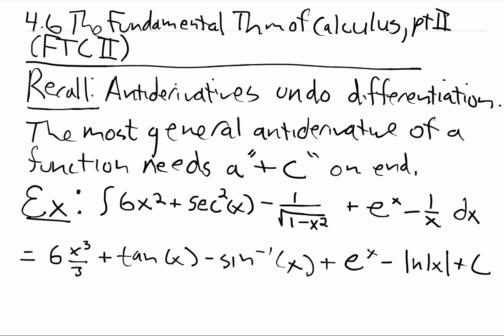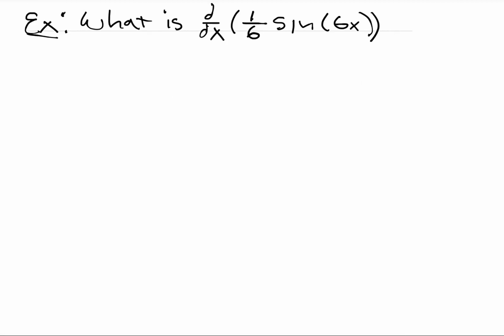I'll give you guys another example. Here we're going to go in a slightly different direction. I'll go ahead and ask, what's the derivative of this function? Well, if we take the derivative of this, you have to hang on to the constant coefficient out front. You'll notice we have a composition of functions here, which requires chain rule.